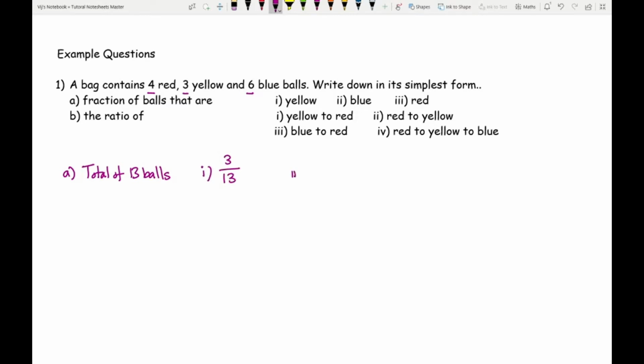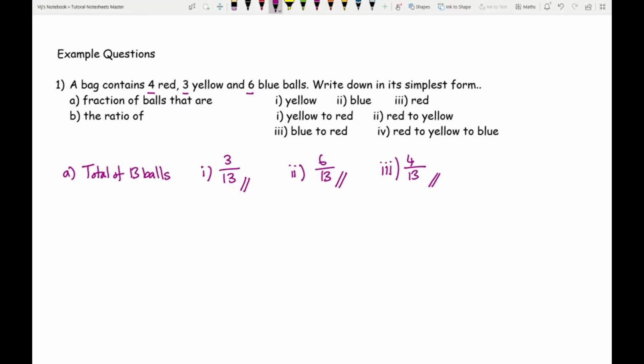For blue, I've got 6 out of 13, and for red I've got 4 out of 13. Whenever you're using fractions, always make sure to check whether you can simplify them. In these cases we can't, because 13 is a prime number. So then moving on to section B.